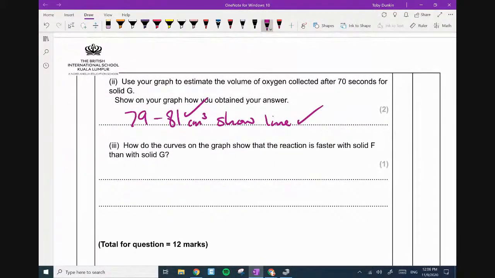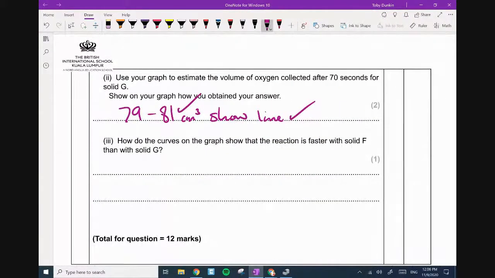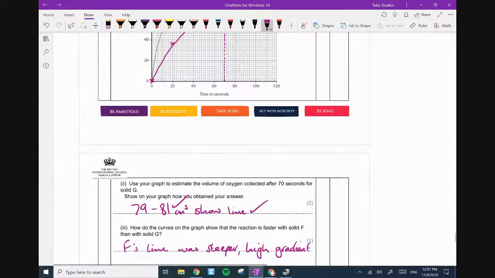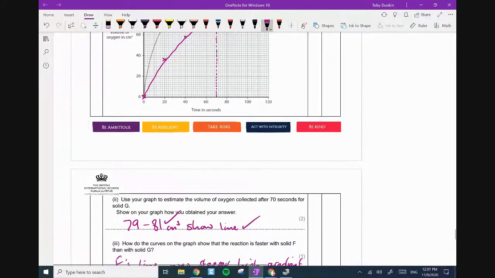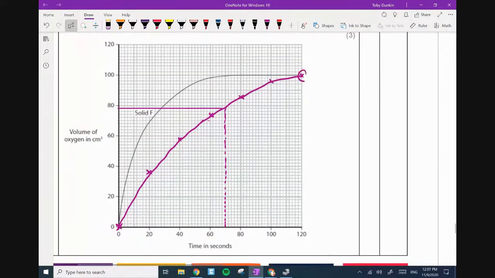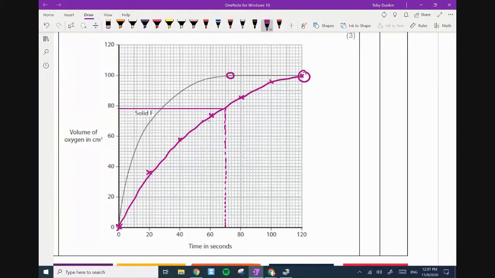How do the curves of the graph show that the reaction is faster with solid F? F's line was steeper, it had a higher gradient. 1 mark. Another option was to say that F reached 100 centimeters cubed in less time.